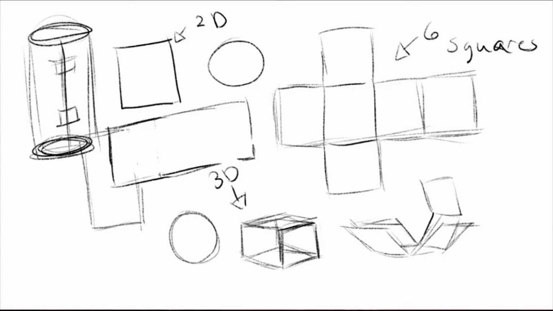I also have what we call a cylinder. And cylinders are also 3D. You can make forms, as we call them, out of shapes. And forms are one of the secrets of three-dimensional art.